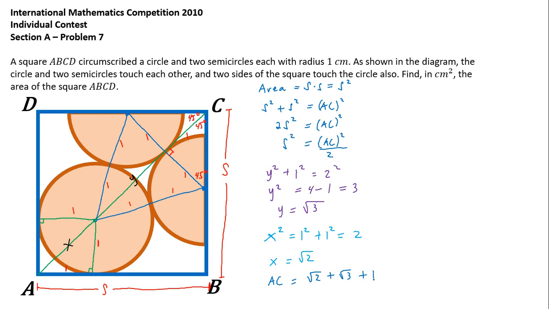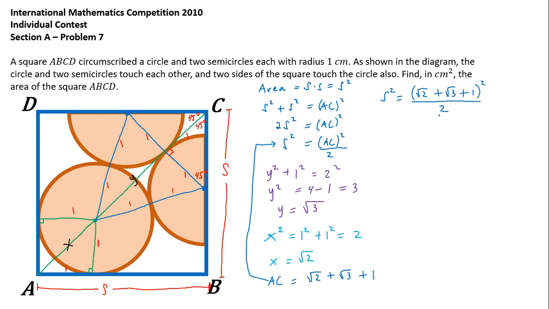Now if we go back to this equation here on top, we can just substitute the value of AC to get S squared, which is the area of the square. Okay, so let's do that. S squared is equal to the square of the square root of 2 plus the square root of 3 plus 1, and then divided by 2. Okay, so in expanding the numerator, you can use the FOIL method, but I will not do that.